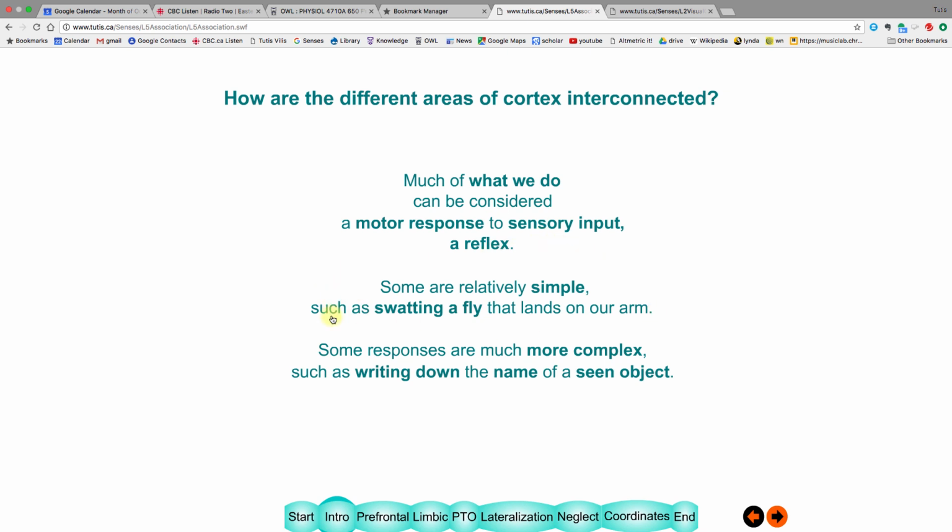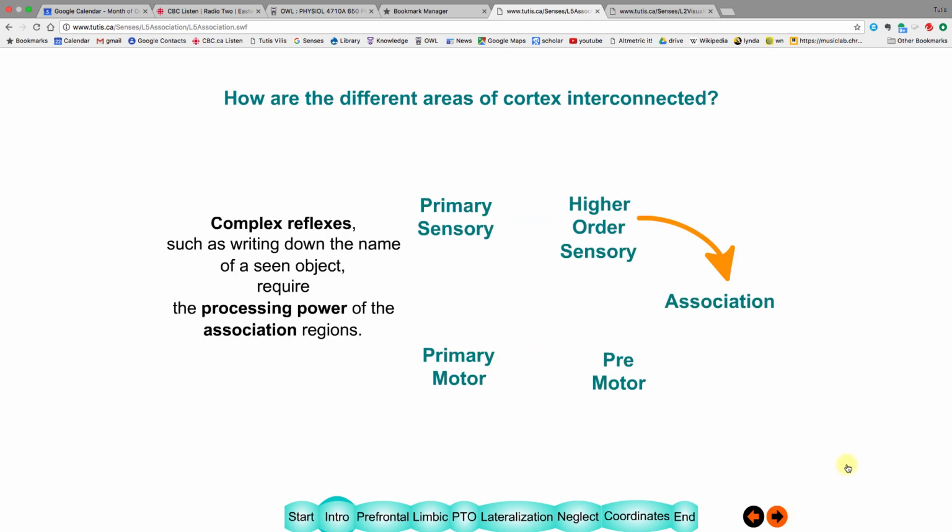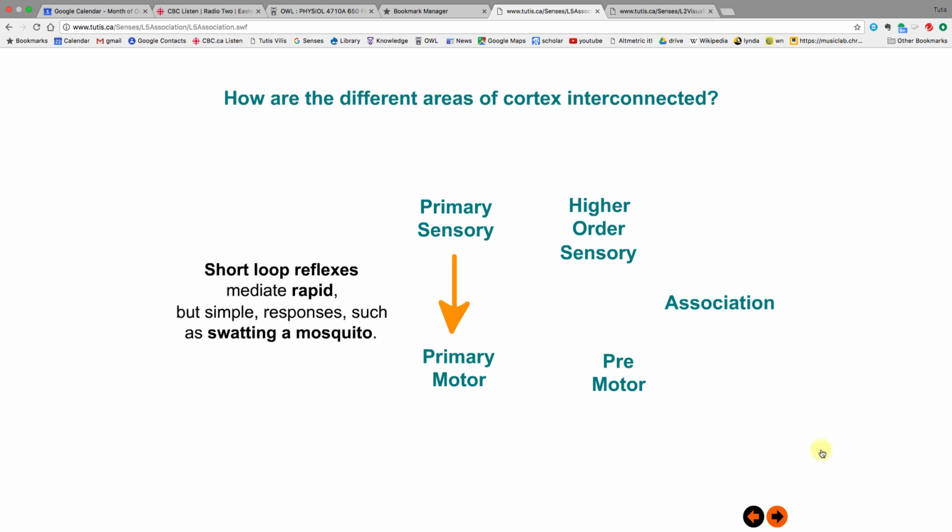It could be something simple like swatting a fly, or something more complex like writing down the name of something you see. These more complex things require processing throughout these areas, including these association areas. With the more simple things, like swatting a fly, all you need is a connection between your primary and your motor areas.